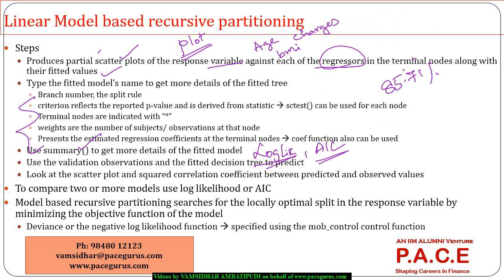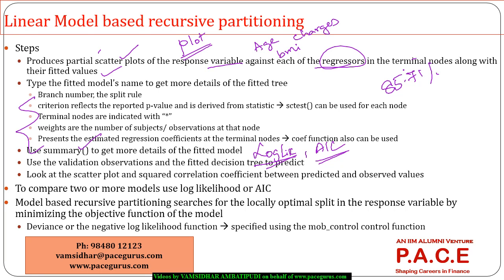But overall all these models are giving me more or less similar levels of R squared for predicting the charges of the insurance. The insurance charges I can predict using one of these regression tree models.